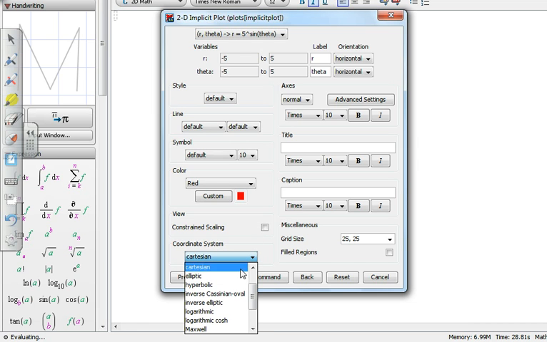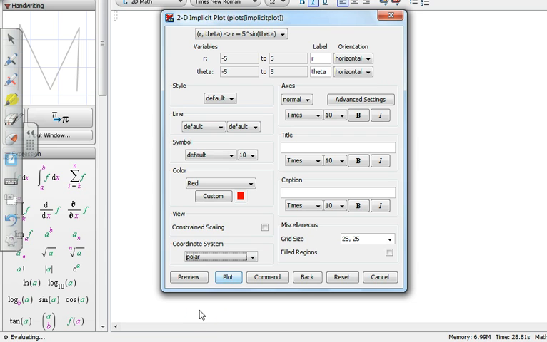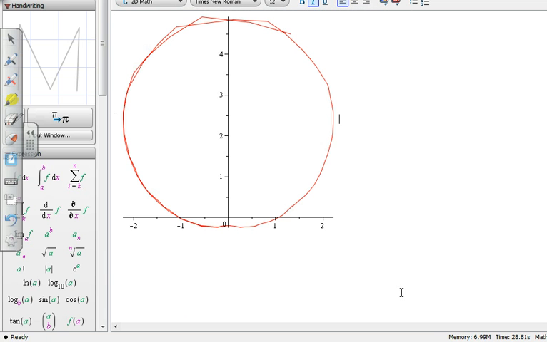Cartesian, there we go. We want elliptical, bipolar, no, polar. Polar, plot. A circle? I don't think so. I don't think that's right.